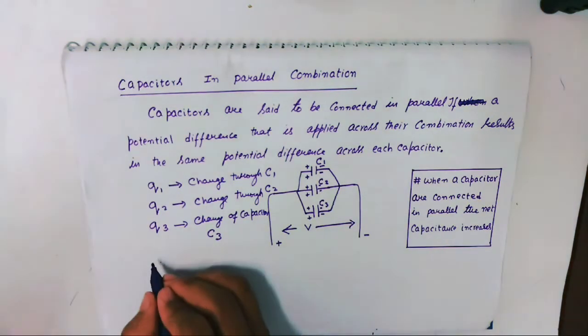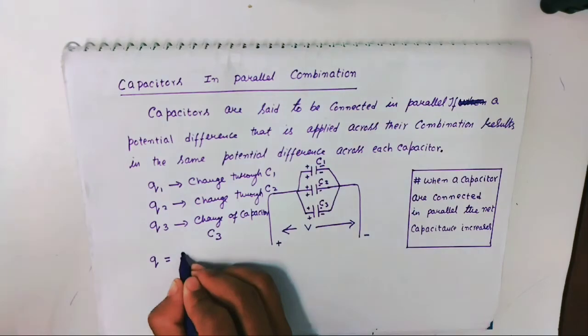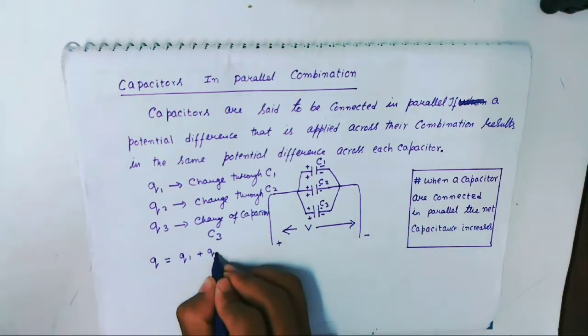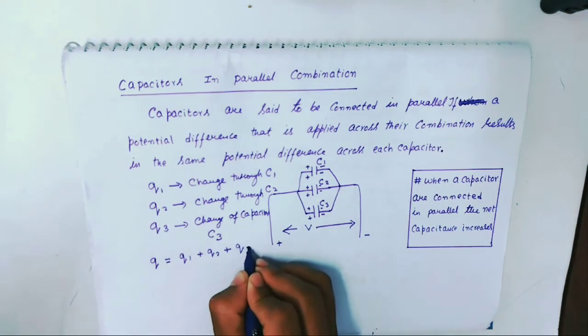So therefore, the net charge Q, it is nothing but Q1 plus Q2 plus Q3.